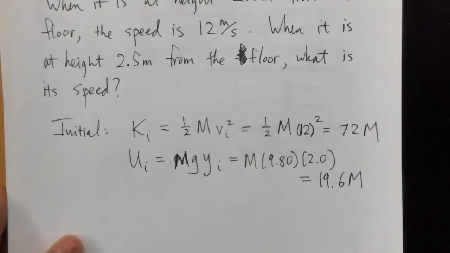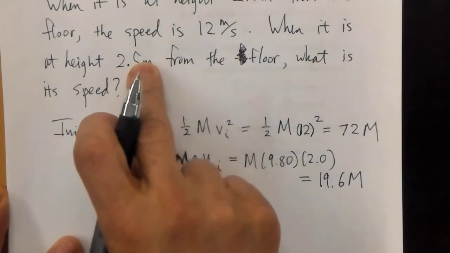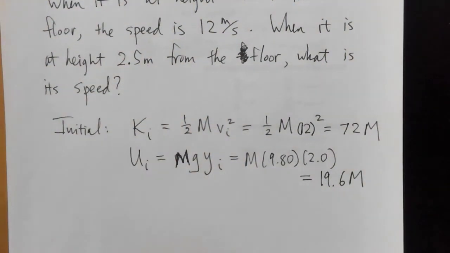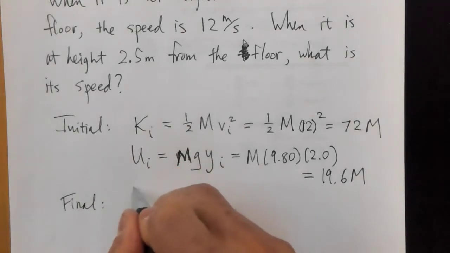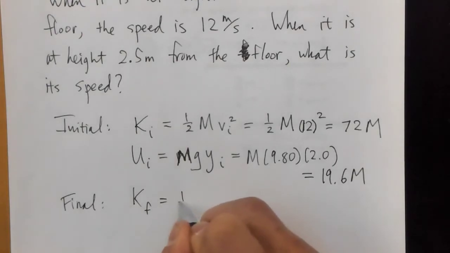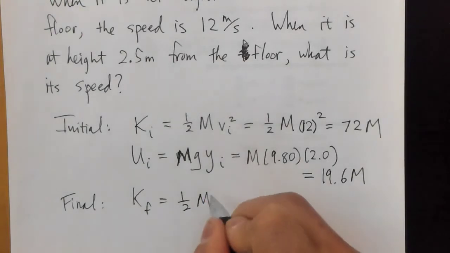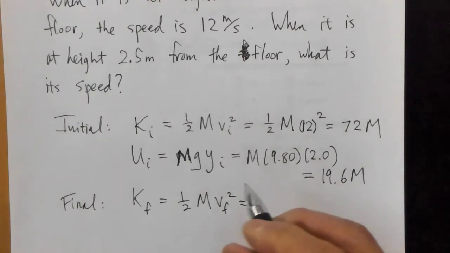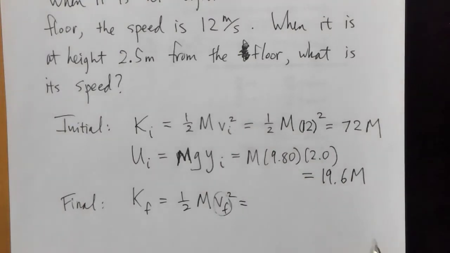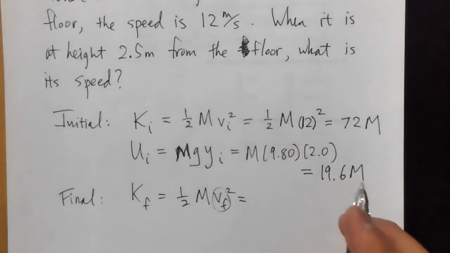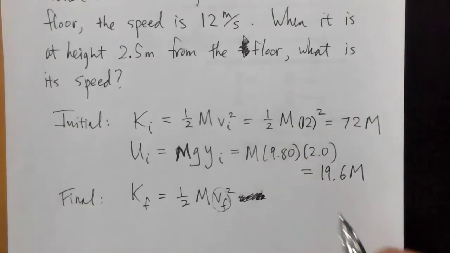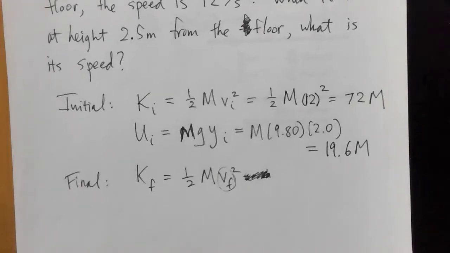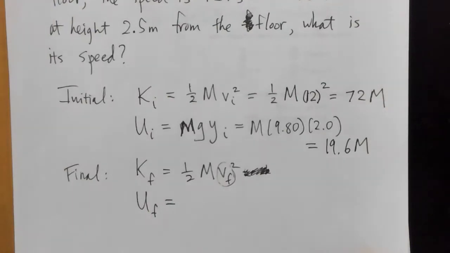Now let's get what happens for the final case. Okay, so we have the final case where it's 2.5 meters from the floor. So we have K final. So I'll have 1/2 M v final squared. Okay, this seems to be the thing I'm trying to solve for, so I'm just going to have to leave it as it is. We don't have anything we can do with that. Okay. Now we have the potential energy, U final.